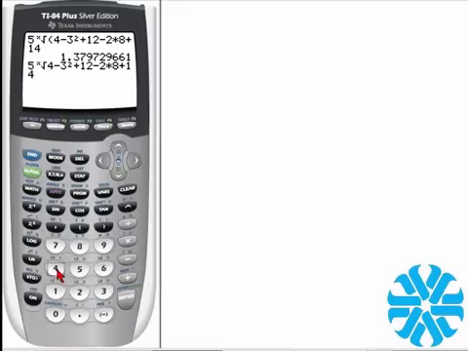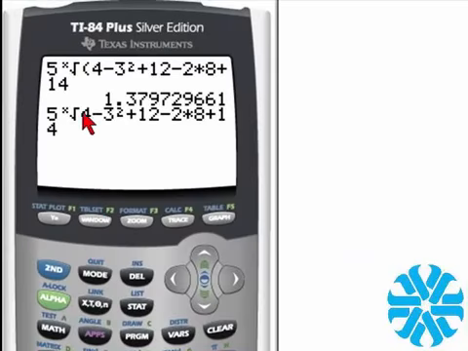Now remember what this is going to do, because there is no leading parenthesis here, what's going to be computed is just the fifth root of 4. Subtract 3 squared plus 12 minus 2 times 8 plus 14.